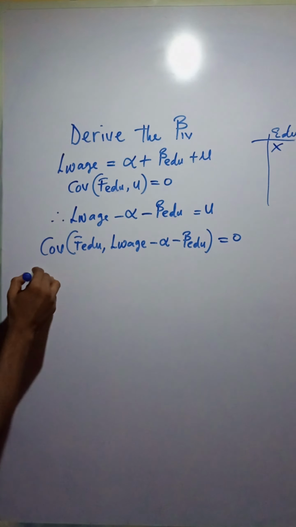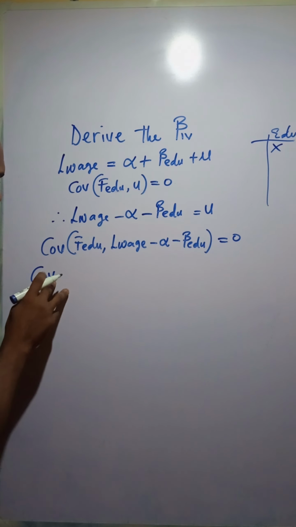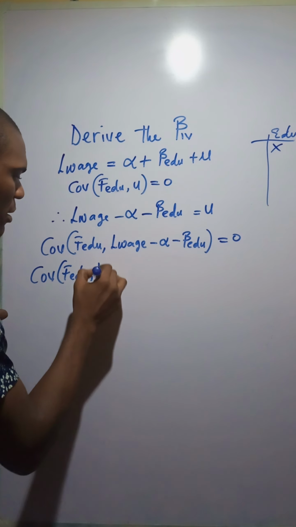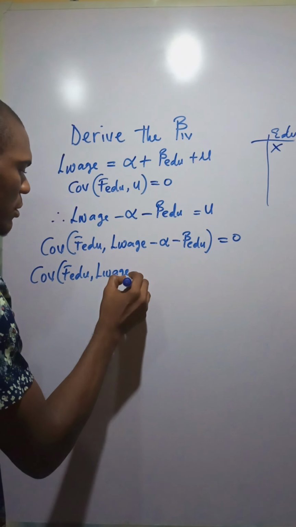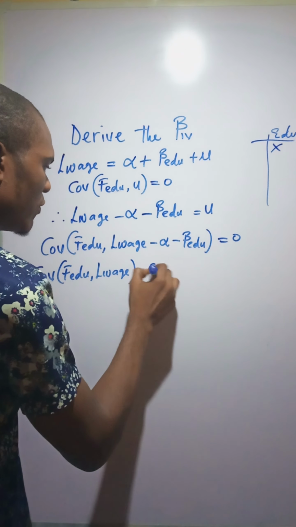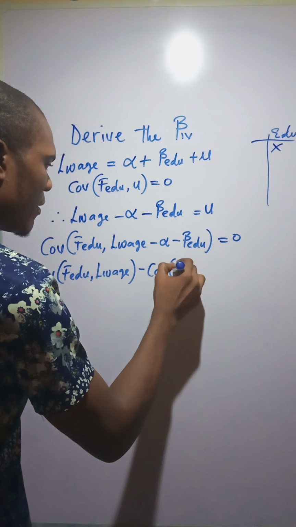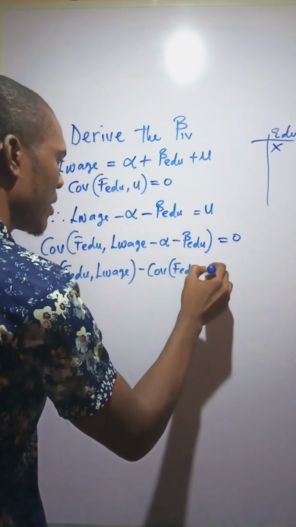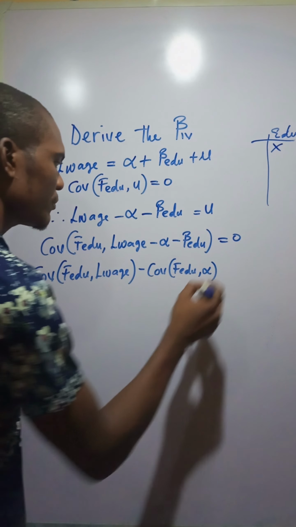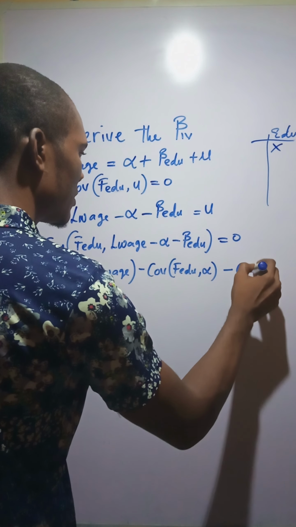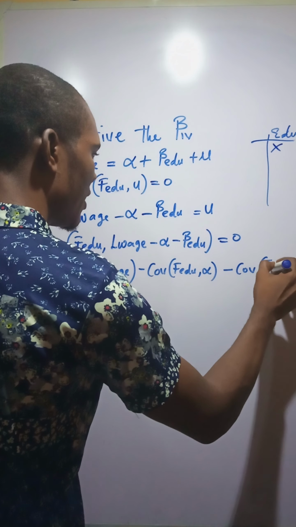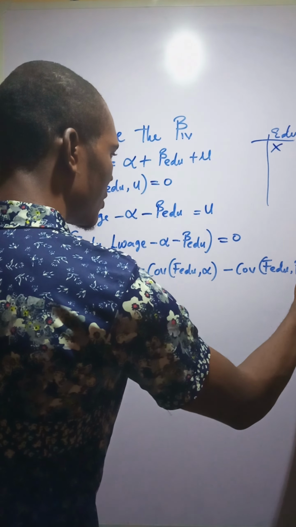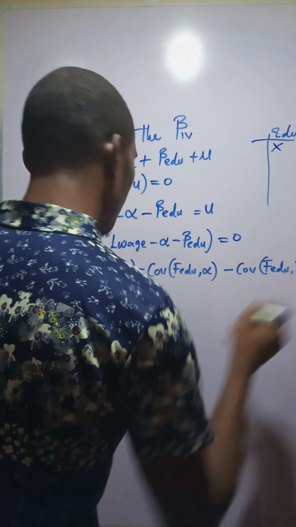So we now have covariance father's education, comma, labor wage, minus covariance father's education, comma, alpha, minus covariance father education, comma, beta education, close bracket, equal to 0.